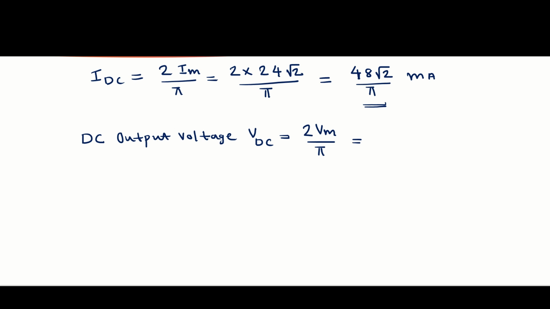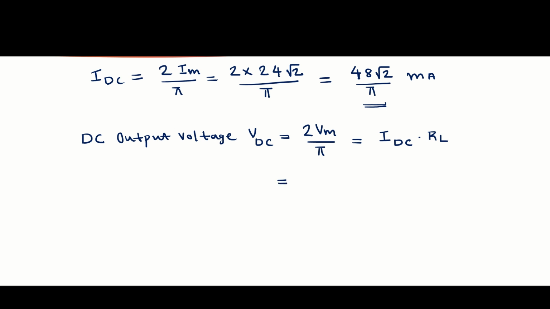Also, we already know the value of IDC. The DC output voltage is the DC voltage developed across the load resistor RL, and we know the DC value of current flowing through the load resistor, which is IDC. So I can write VDC is equal to IDC into RL. Both expressions are valid.